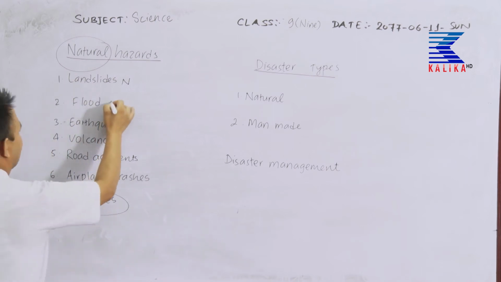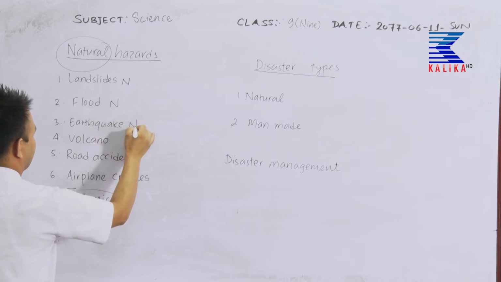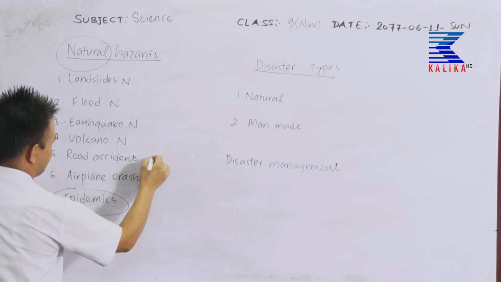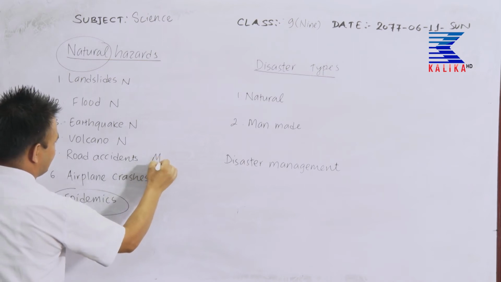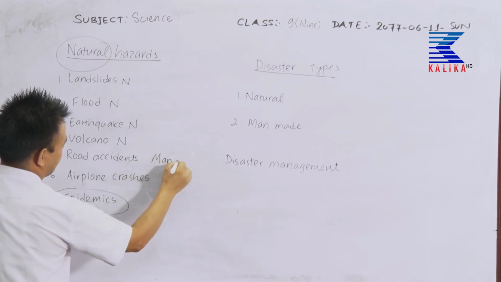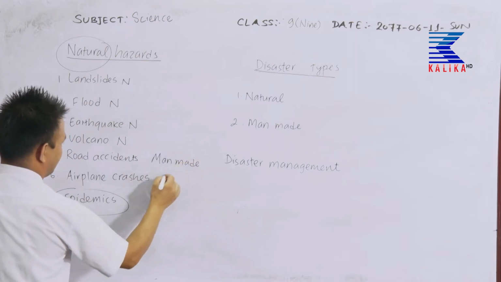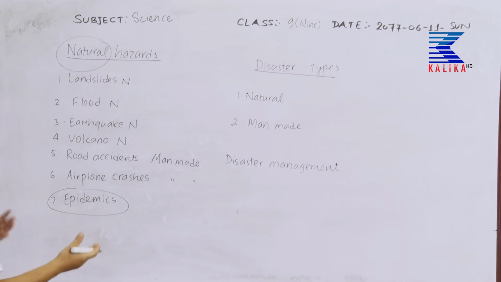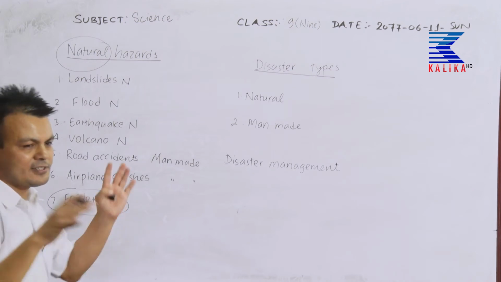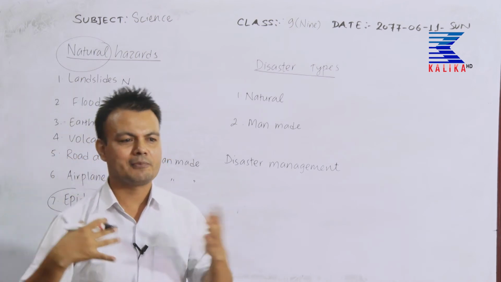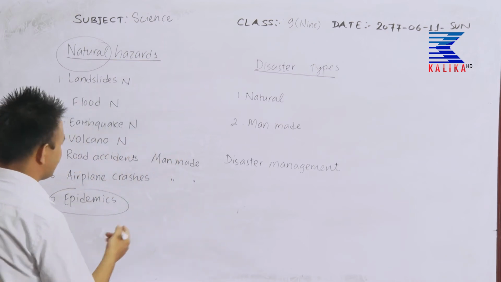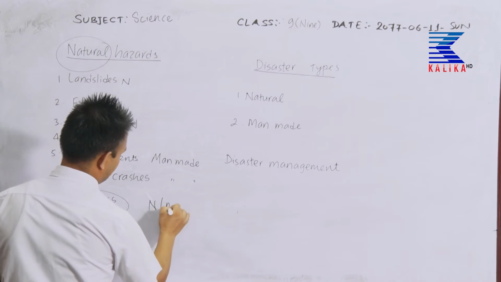And flood, obviously natural, earthquake natural, volcano natural, road accidents, it's basically artificial or man-made. Airplane crashes, it's man-made. Epidemics can be natural or man-made. Sometimes it spreads itself naturally, and sometimes the human being transmits the diseases. So epidemics can be natural or can be man-made.